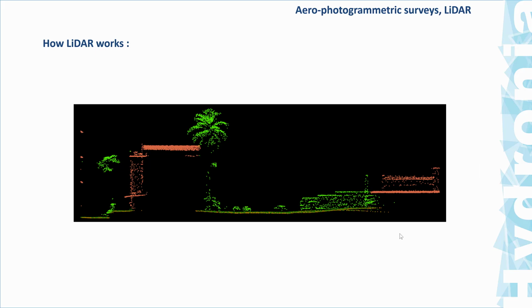You see here an example of a cloud of points that are LiDAR obtained, and you can see here that the quality of the points is different in the vegetation. You see here a palm tree, and different forms, and this quality of the bounce-back laser is used to later filter or process this information.